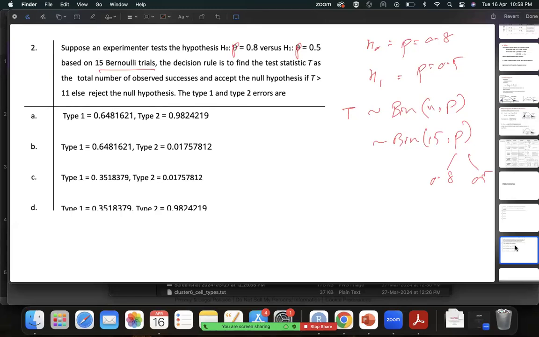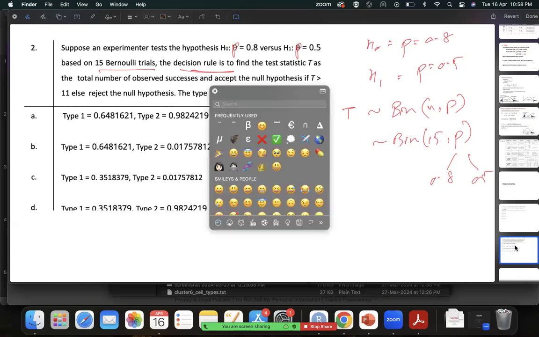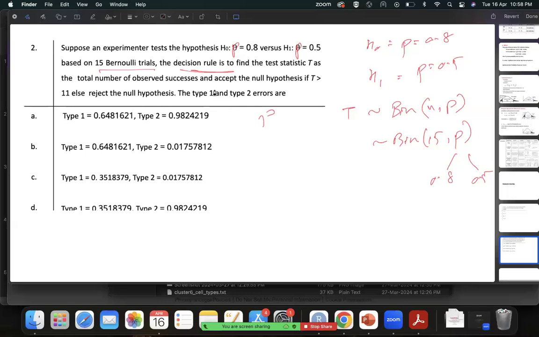The decision rule is to take the test statistic T as the total number of observed successes, and accept the null hypothesis if T is greater than 11.